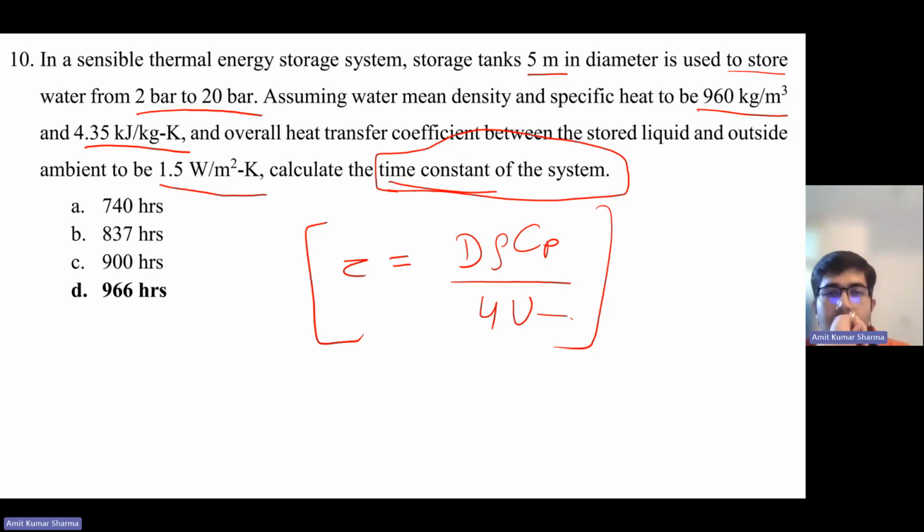We have given all the data. Maybe you can try the calculation. It's quite an important question for exam.